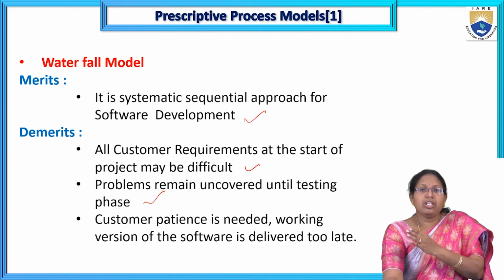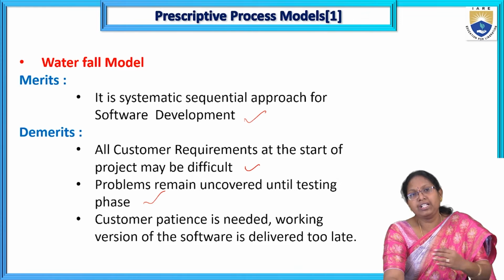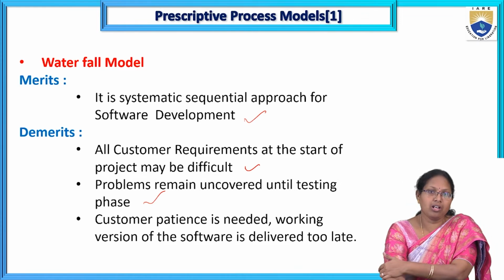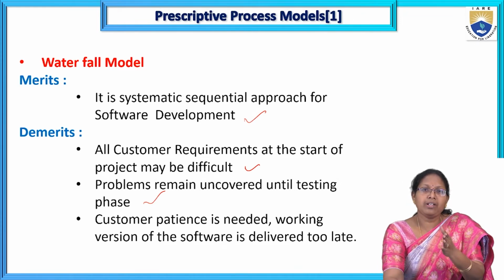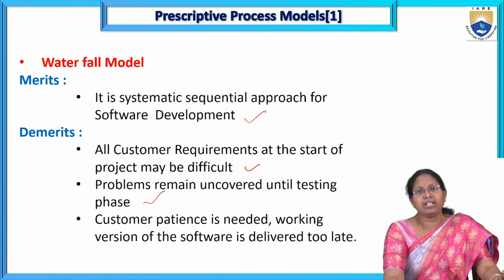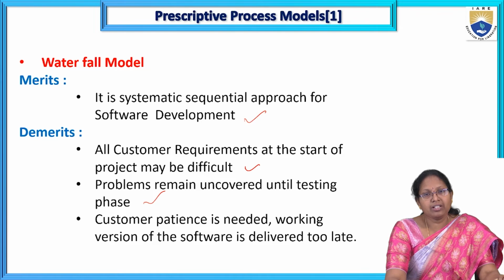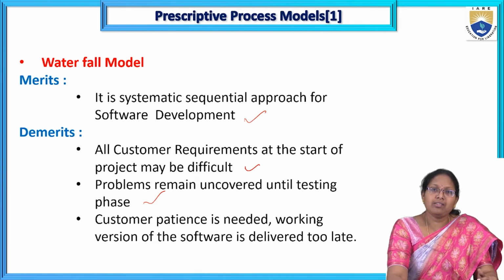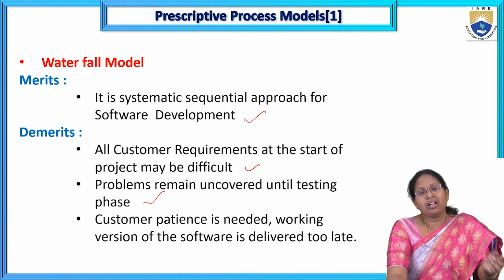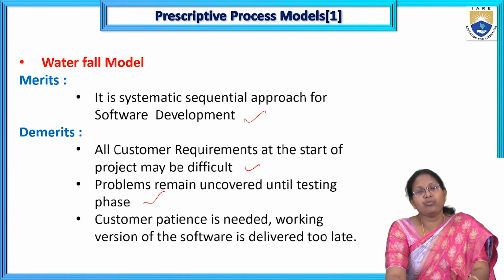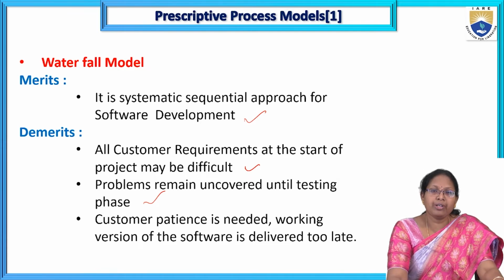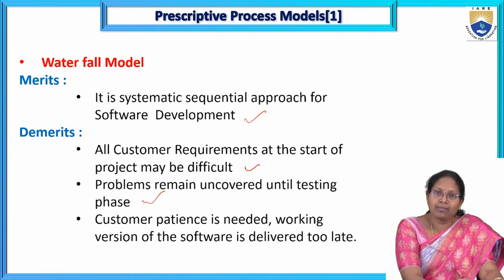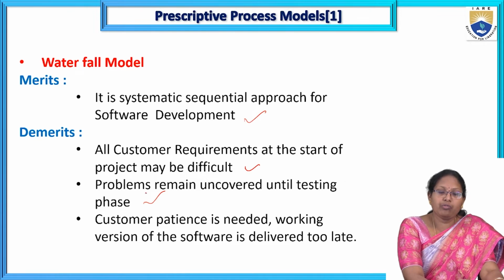Up to testing, in any phase, we can't identify errors. Only in the testing task before deployment do we identify the errors. If errors come, again go for planning, design, and implementation. That way it can take a lot of time. So that is also one of the demerits of the waterfall model.